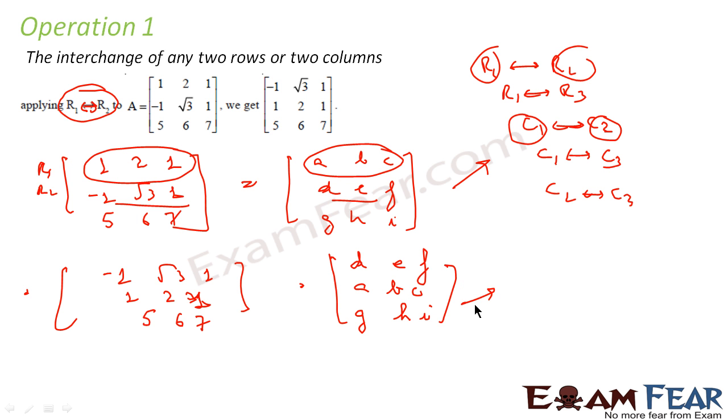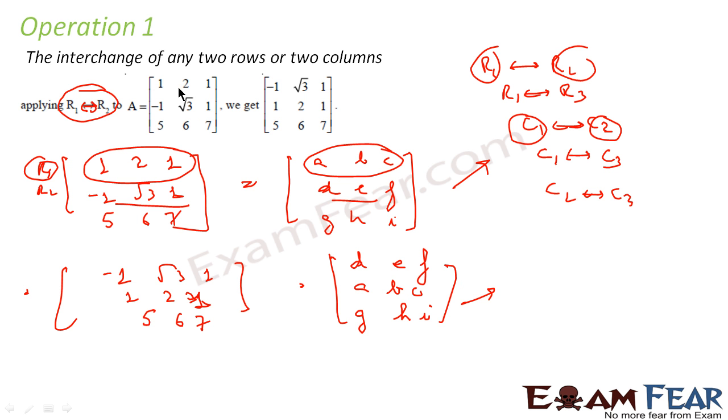Got it? Why do we need operations? If we have a left hand side equal to right hand side kind of matrix equality, and you perform an operation on this, you have to perform the same operation on this. Sometimes it is good because if you have a number and you want to make it 0, I can say this guy is equal to this plus this, so this becomes 0. In that case, it's helpful.